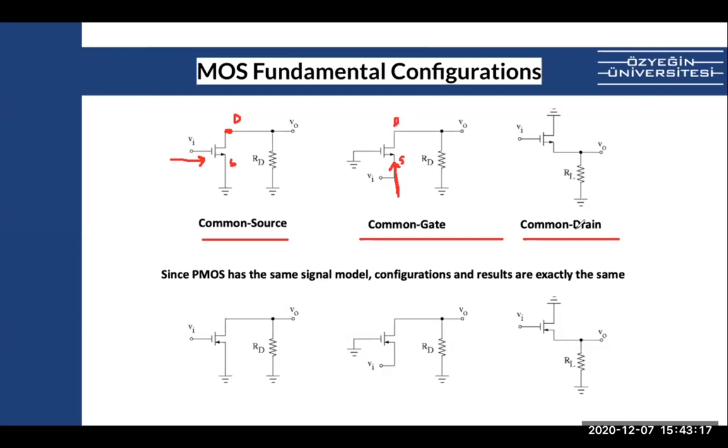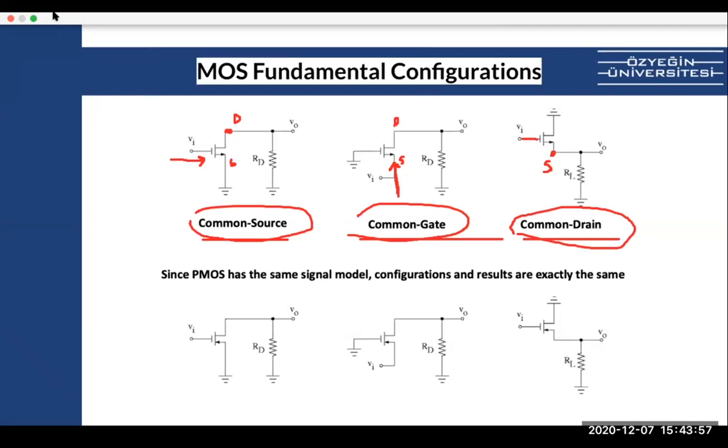And common drain means you put a signal at the input and you get the signal at the source, okay? The name tells you that you are not getting signal at that port. You are actually AC grounding that port. What does AC ground mean?